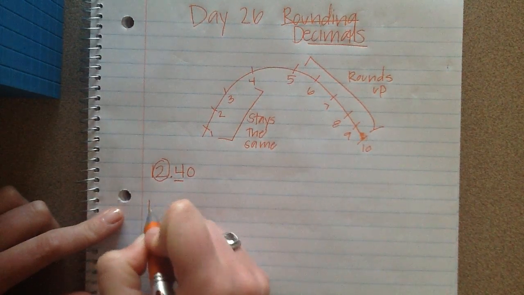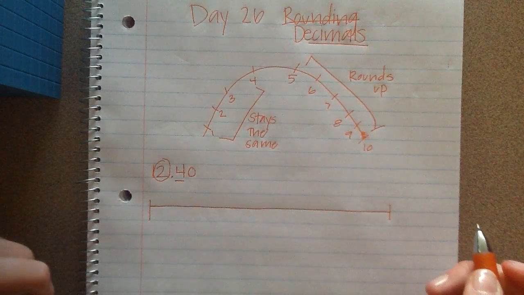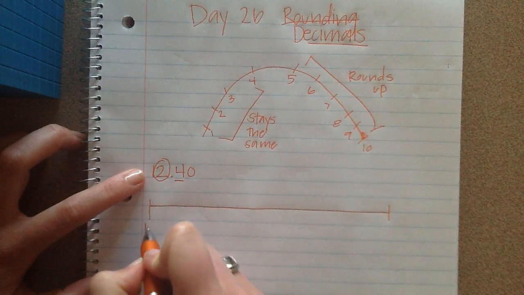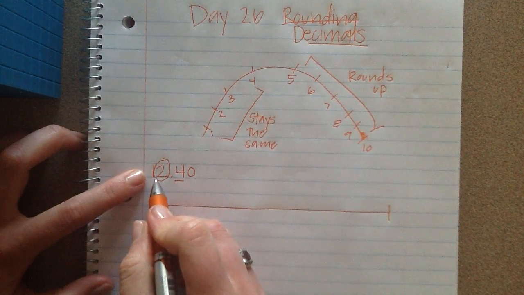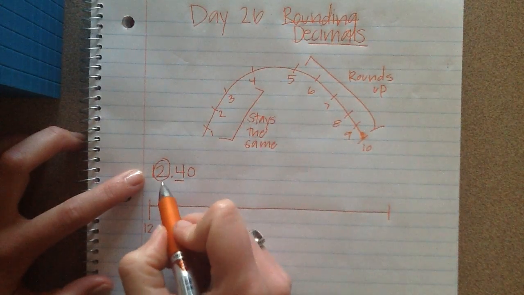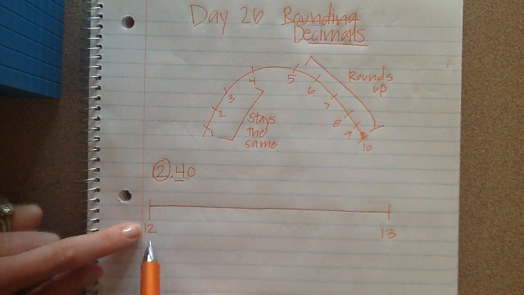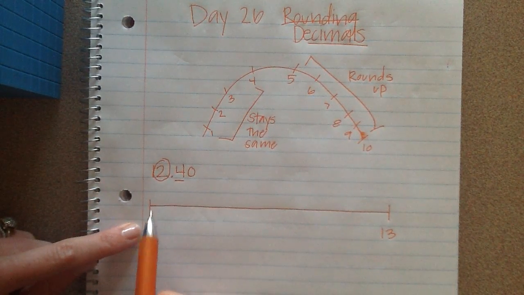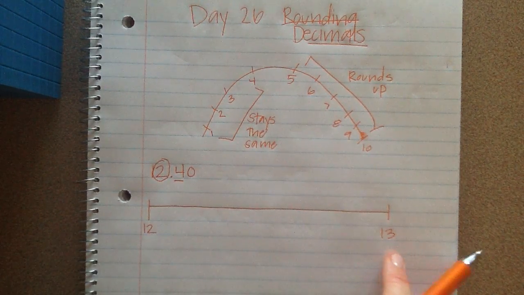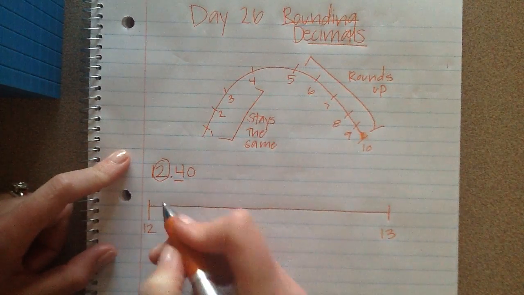So I'm going to draw a line here, and I know that because I'm going to the nearest whole number, I'm either going to stay the same, so I'm going to put 12 here, or if I'm going to round up, then the next number after 12 would be 13. So I have 12 down here for if I stay the same, and I have 13 at the end for rounding up.